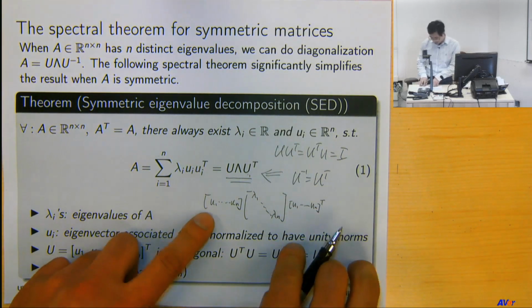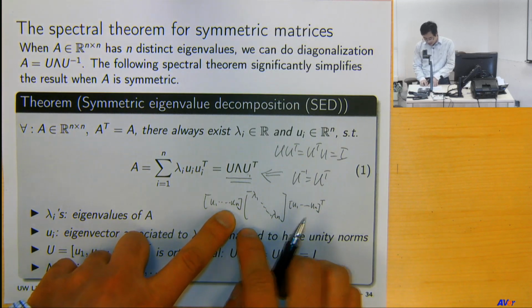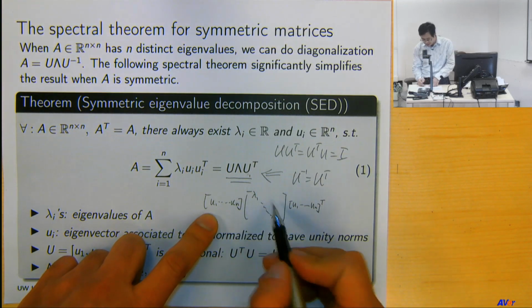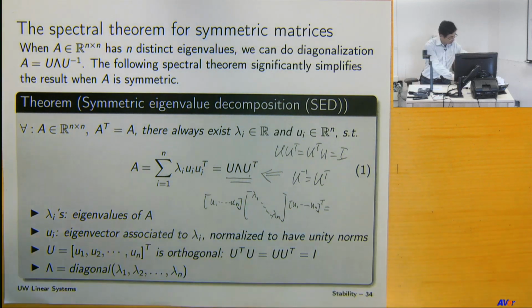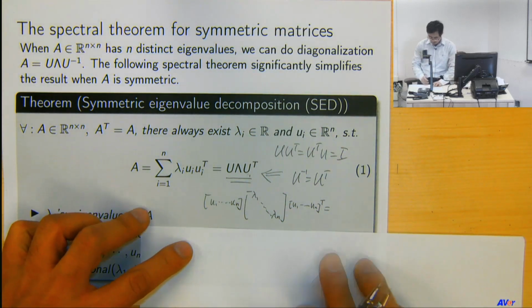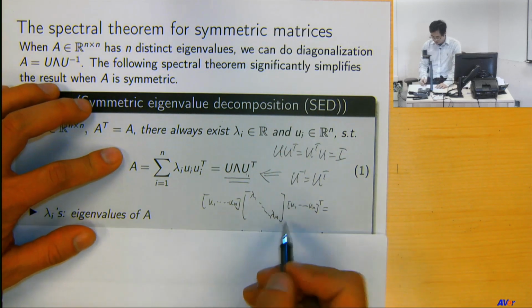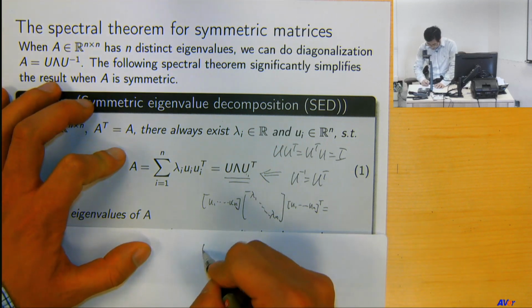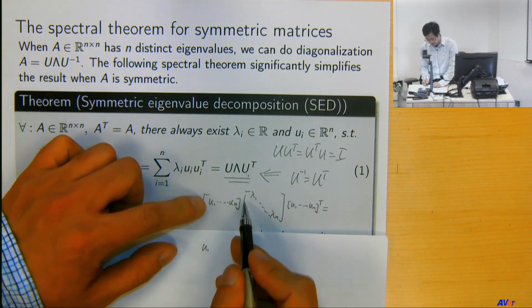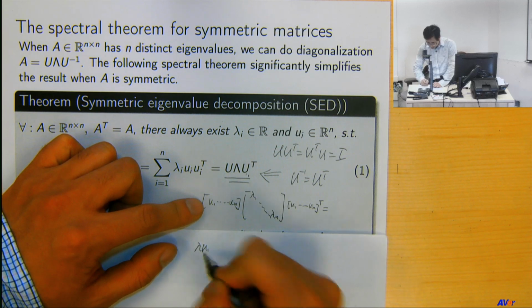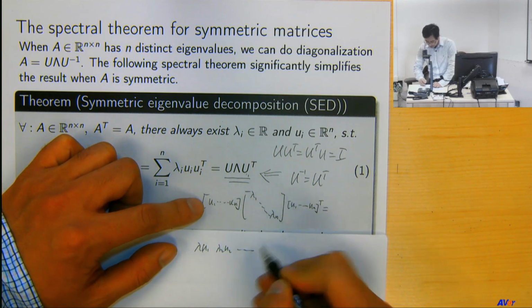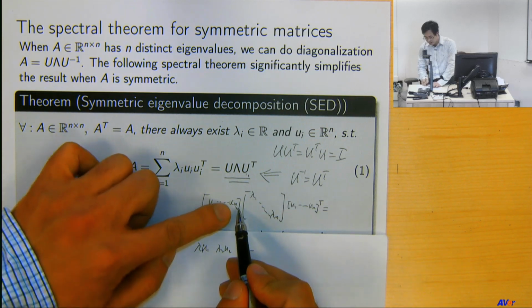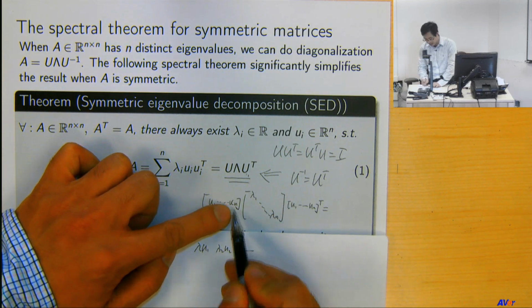You can write it out and get, let's do the first part, u1 lambda 1, and then lambda 2 u2, and then at the end is the nth row of this matrix times un.